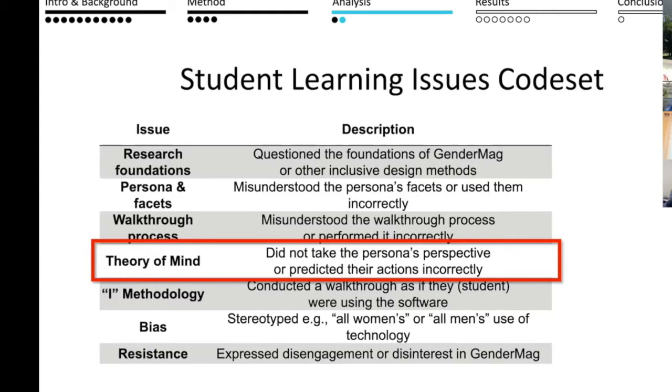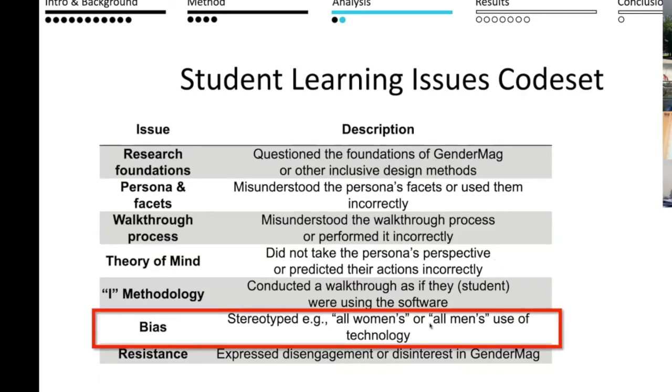It's called theory of mind because it means I have a theory of what you're thinking. Anyway, and so this is something that you really need with GenderMag because you have to be able to think of things through Abby's perspective or Pat's perspective or Tim's perspective. And so some students had trouble doing that.